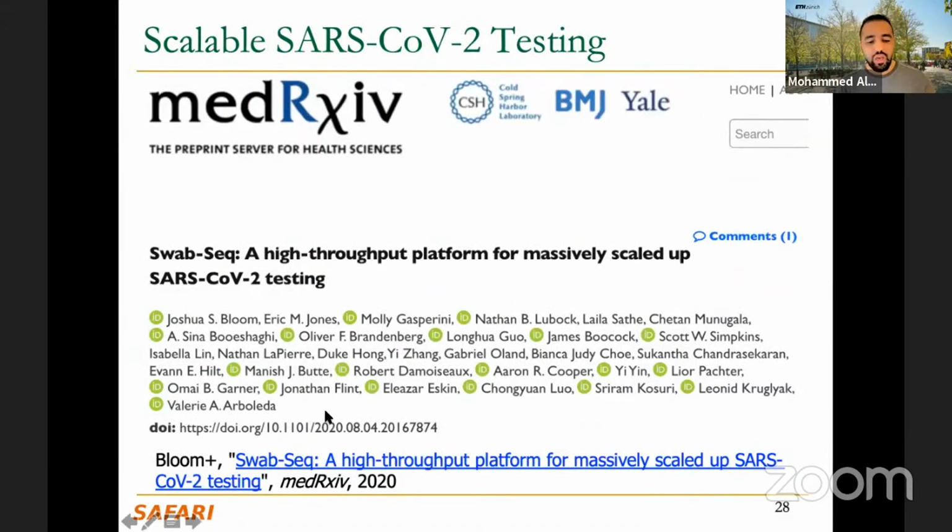Also, during COVID-19, we have this work that showed that you can use large, high throughput sequencing devices to do massive scale-up analysis for COVID-19. Again, scalability is very important, especially when you talk about a disease that affects the entire population. You want to do the analysis every day, during every flight, for all passengers at the same time. You don't want to wait 2 days, 3 days to get the results.